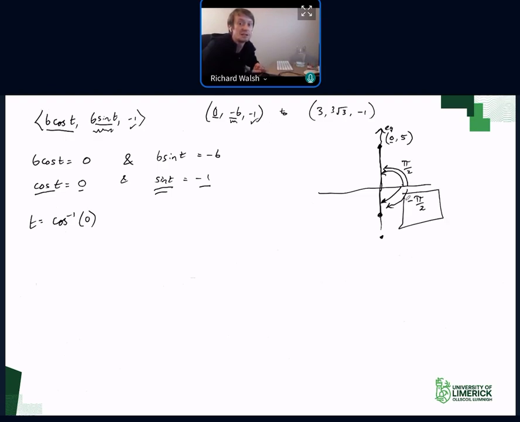So this is the one that satisfies both of them. Remember I said they have to happen at the exact same time. They both have to be satisfied. Like t equals pi over 2 doesn't satisfy this one, because the y coordinate is not minus 1 at pi over 2. Hopefully that makes a bit of sense.